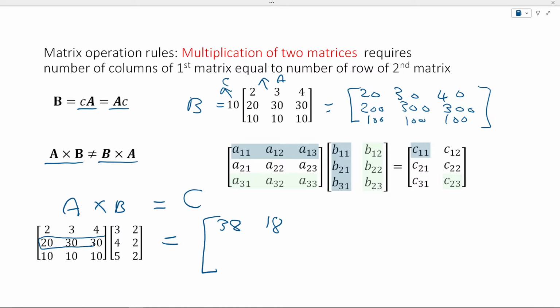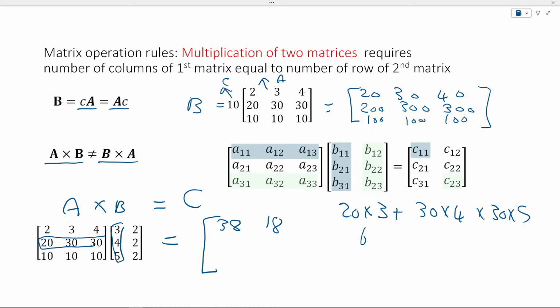If you want to find this value here, I will just do this as the last one. To find this value here, you multiply this guy by this guy. So that would be 20 times 3 plus 30 times 4 plus 30 times 5.